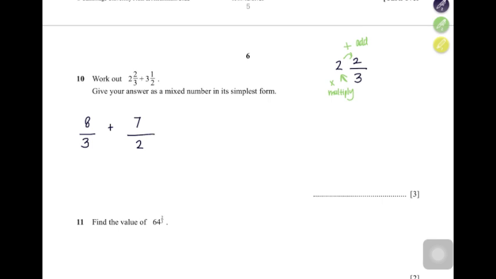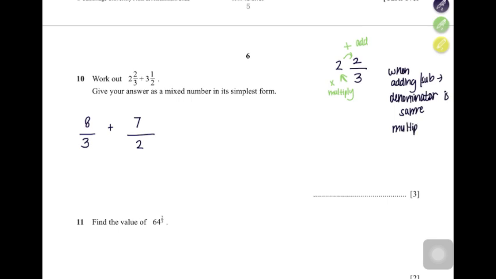Now when you're adding or subtracting, the denominators should be equal. If we were multiplying, no need to make the denominators the same. When adding or subtracting, the denominator must be the same.